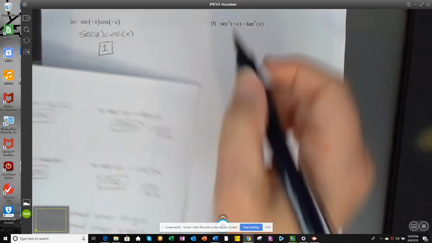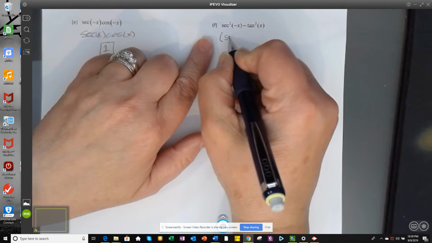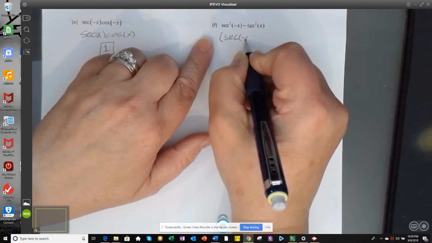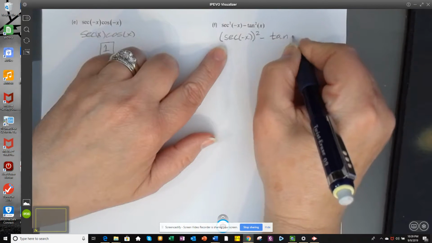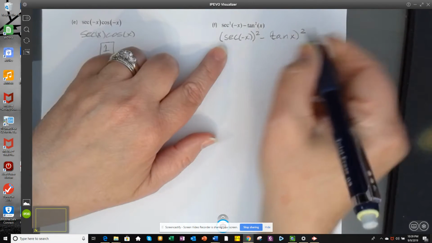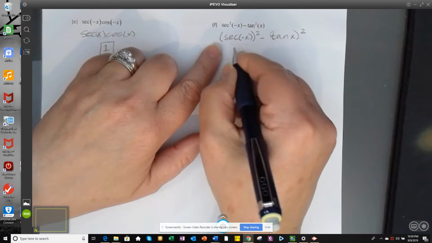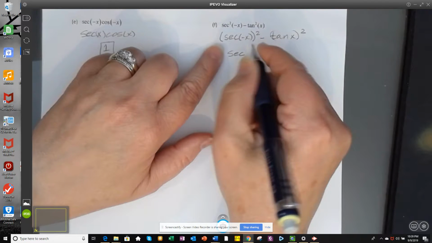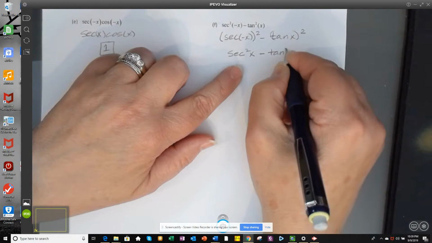Okay. Now, this is secant of negative x squared minus tangent of x quantity squared. This is an even function, so I can drop the negative. So I can say that this is secant squared of regular x minus tangent squared of regular x.